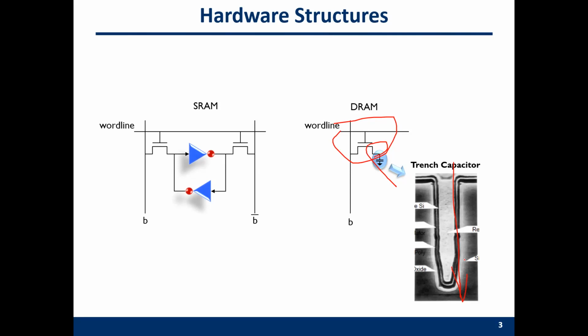More perfectly, they should have the same depths, the same dimensions. That's very difficult, particularly now that everything is at the nanometer scale. So it's really difficult to fabricate the DRAM.